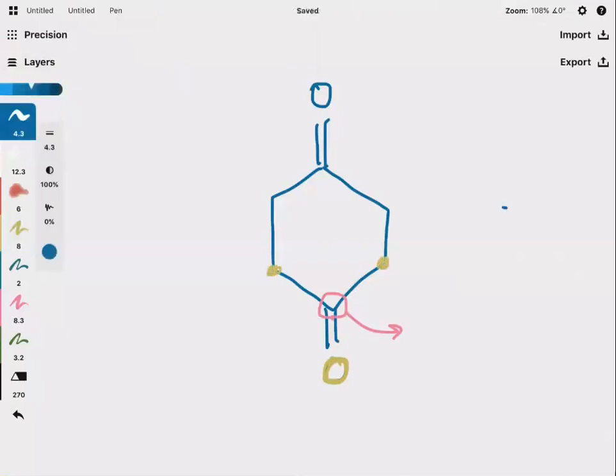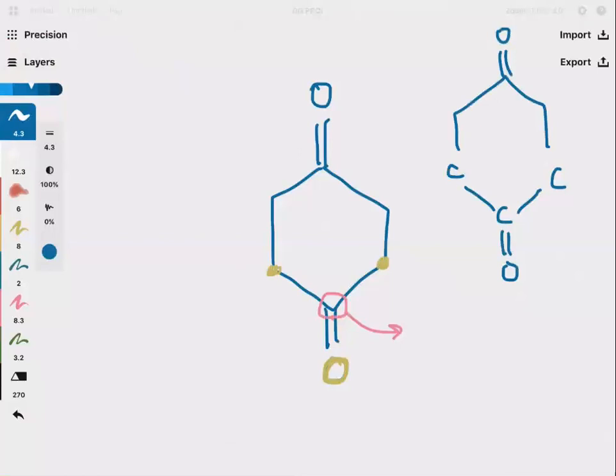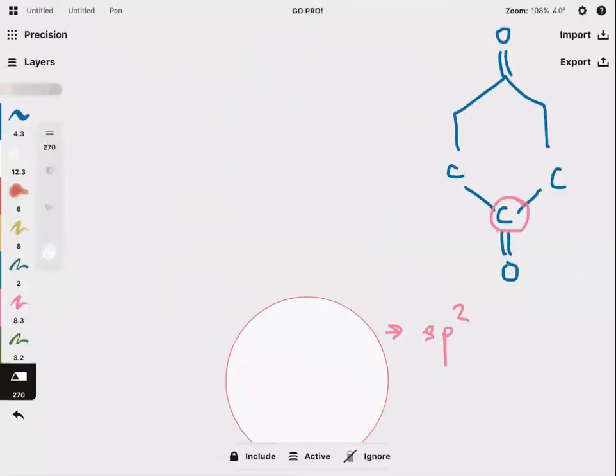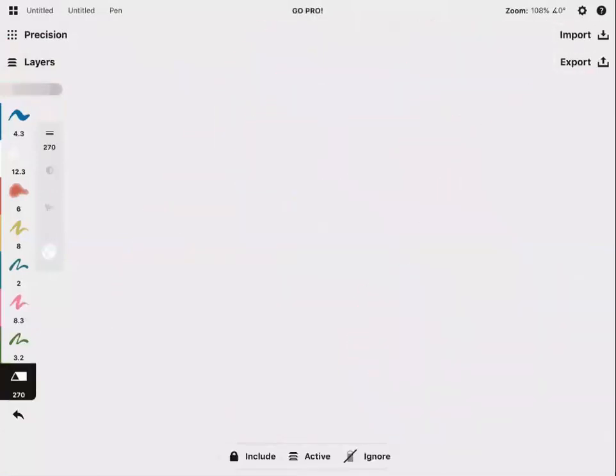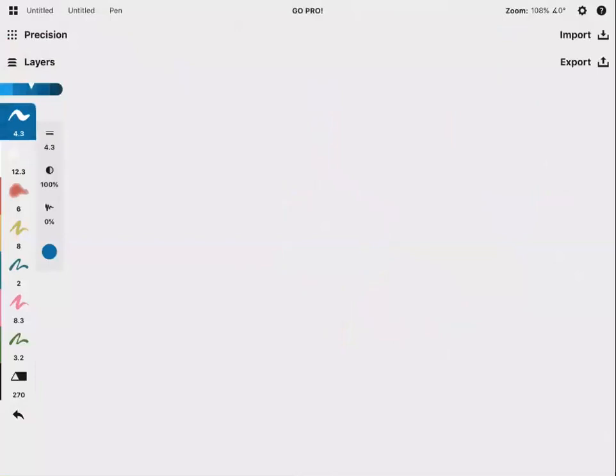It looks like this, right? So our pink carbon is bonded to 3 different things. If it's bonded to 3 different things, it must be an sp2. Let's try this.